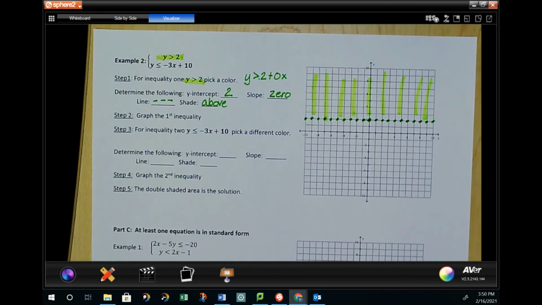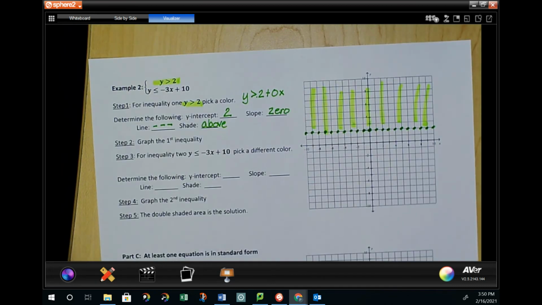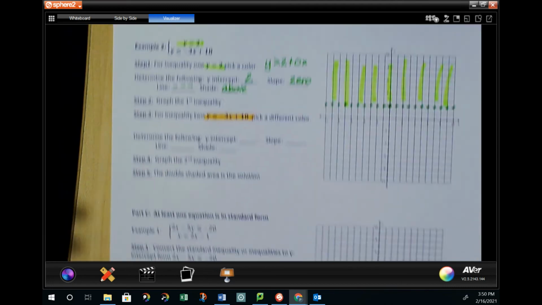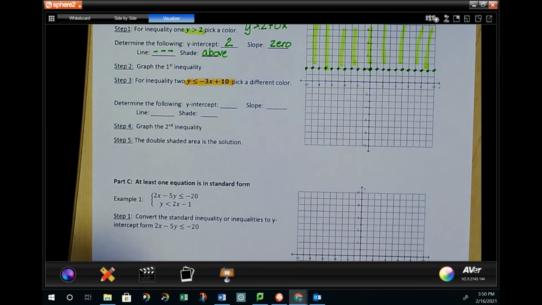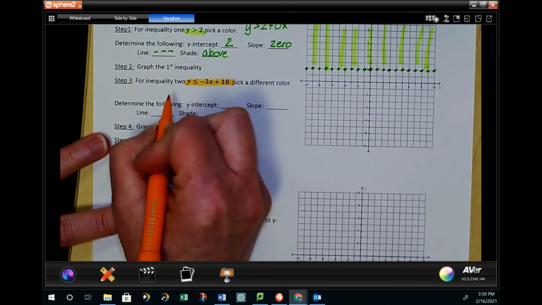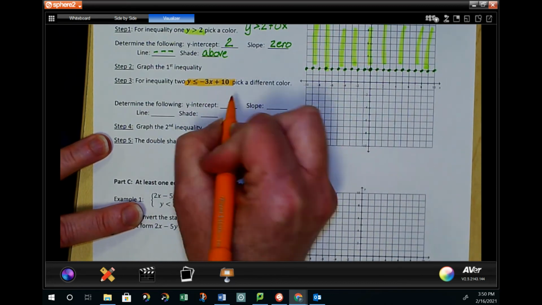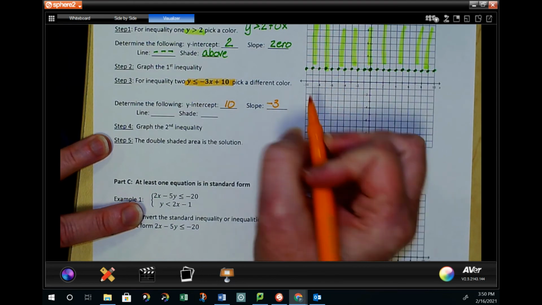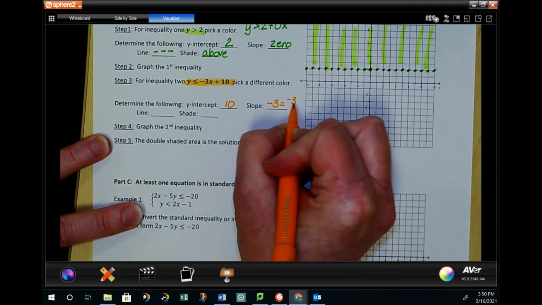So the next one is going to be the orange. I'm just picking orange, a different color. So you've got y is less than or equal to negative 3x plus 10. So again, your y-intercept is going to be 10. Slope is negative 3. Remember to make that negative 3 over 1.